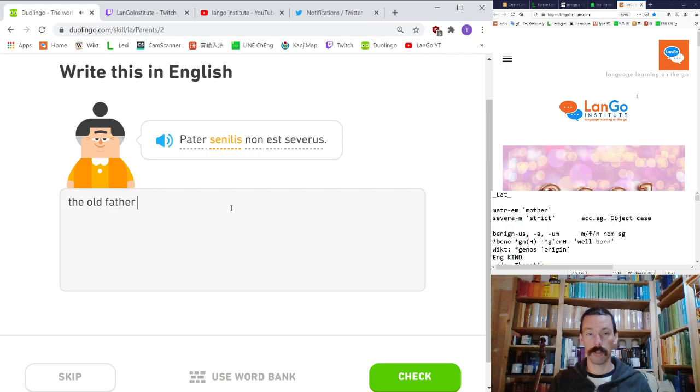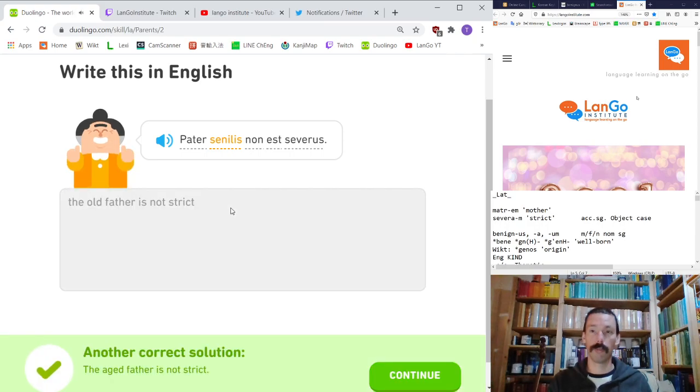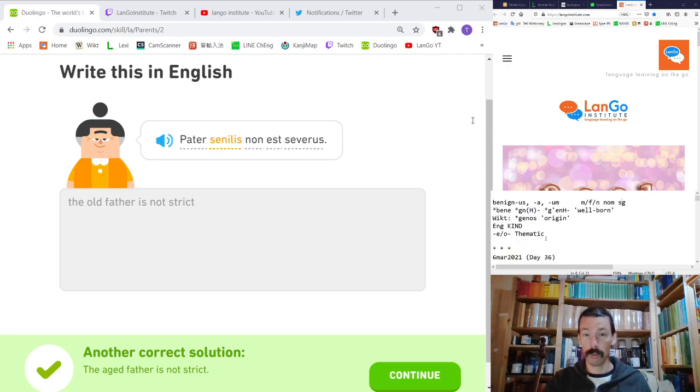Pater senilis non est severus. Here, senilis as an adjective modifying the father is not strict. So non was the basic negator word right before your verb. This is not strict. Us, masculine singular. Let's mention again, thematic. It's going to have o, which becomes us in the masculine of Latin.